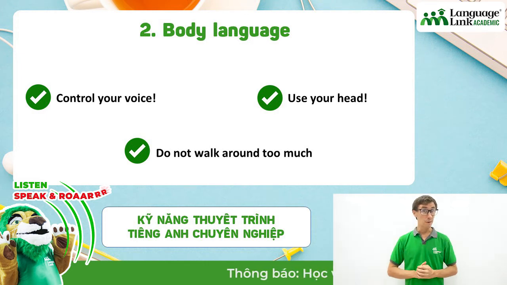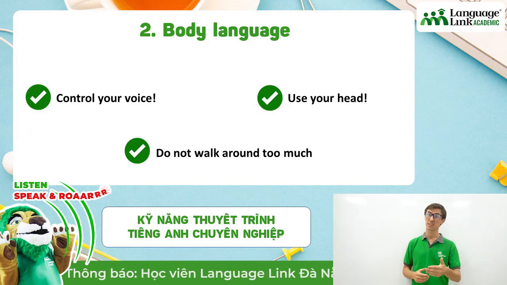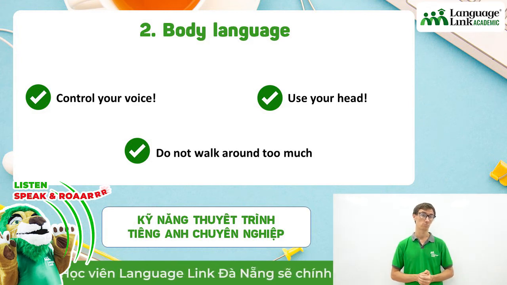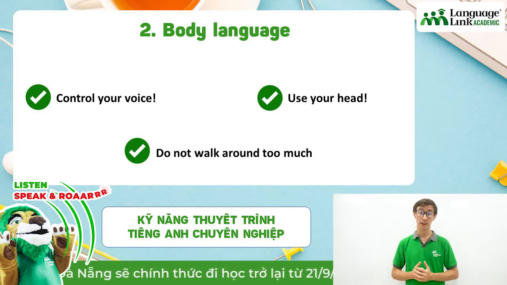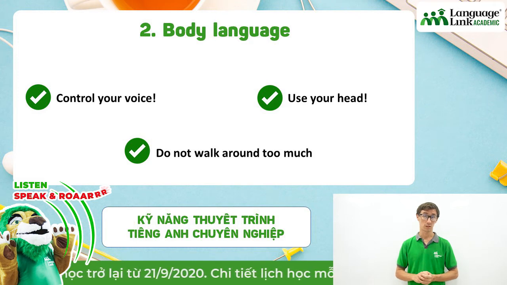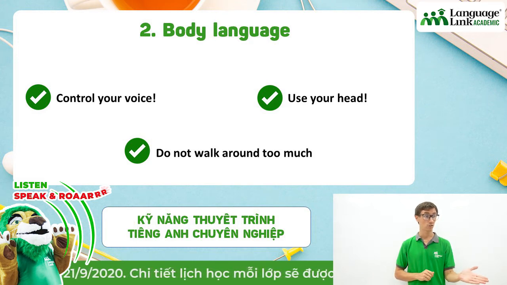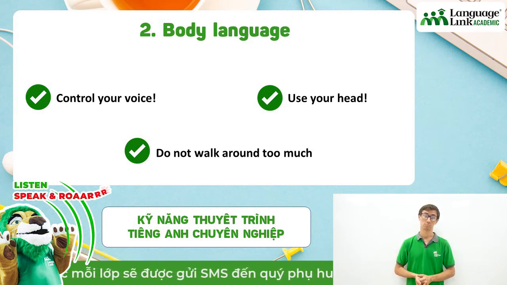It's also really important to use your head when you're making a presentation, especially in English-speaking cultures. Movements of the head and expressions on the face can help you to express yourself in the presentation and make your point. It can also help people feel engaged with what you are saying.